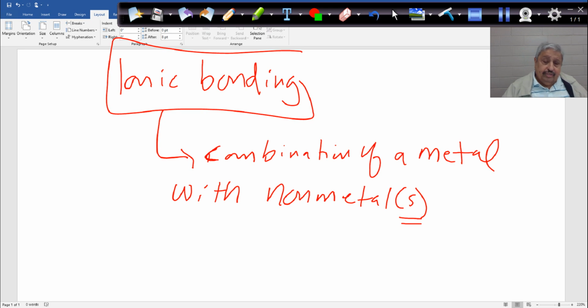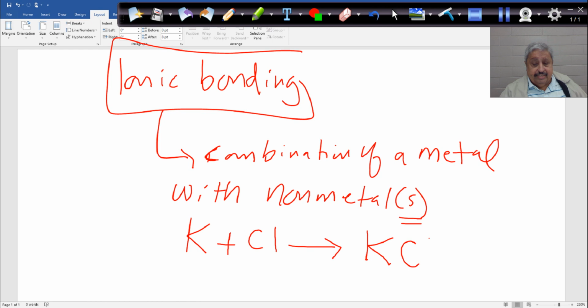For example, I have potassium here and chloride here. I can combine those together and produce the ionic compound KCl.